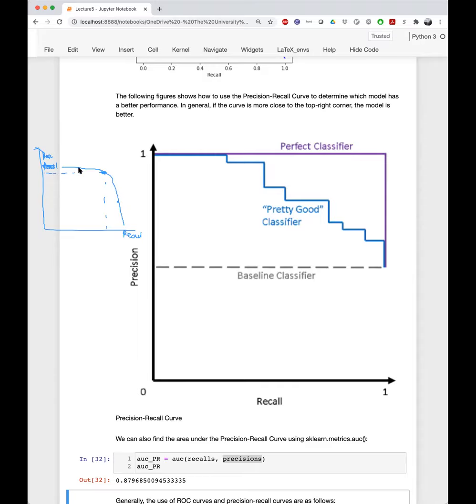You also don't want a point here, because the precision doesn't increase much, but the recall is significantly reduced compared to this point. So you can use the plot of precision recall to select a good threshold, so that you get a better model that fits your need. All right, that's all for lecture 5.